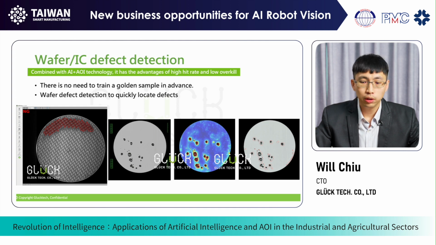We call it the die-to-die self-matching strategy. The inspection of the wafer can be completed in just 10 seconds. We can see the image in the slides. It contains a lot of defects on the wafer, and you can see the defects can be segmented successfully.